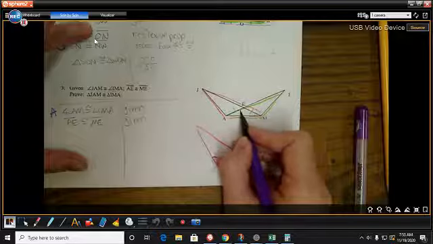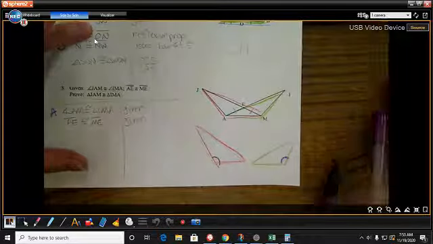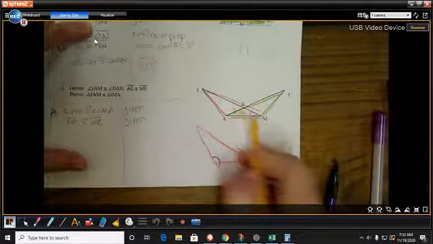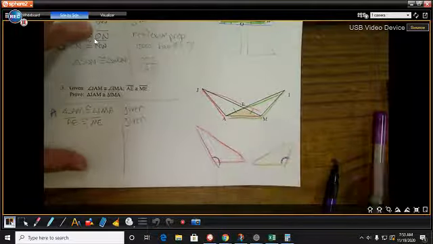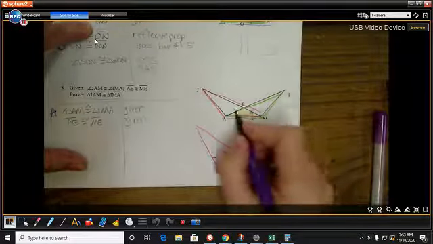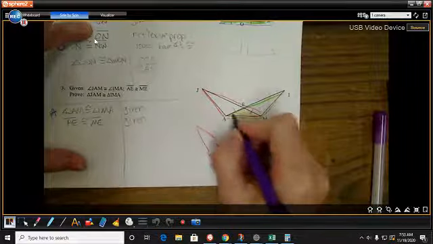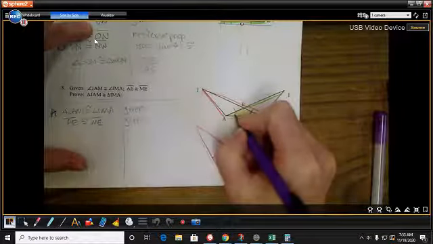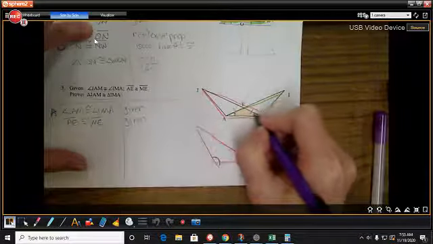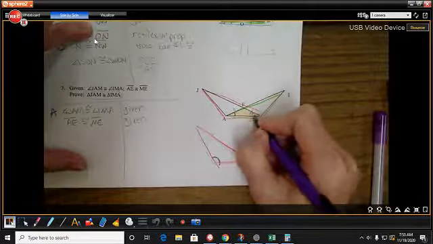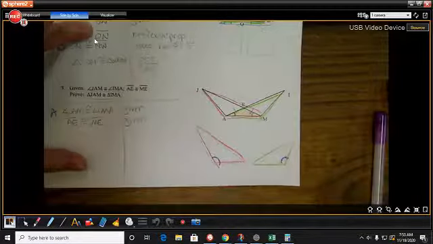These two little pieces are both part of this little bitty triangle here. And if these two segments are congruent, that makes this little yellowish triangle isosceles. And these two little angles down at the points are now going to be congruent.